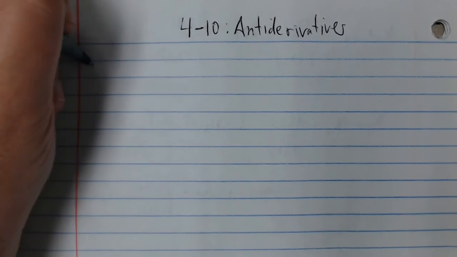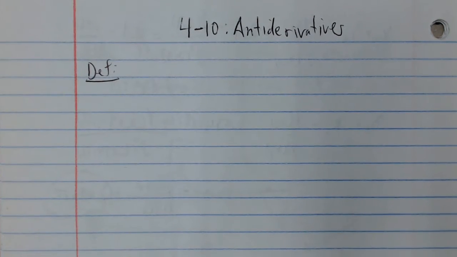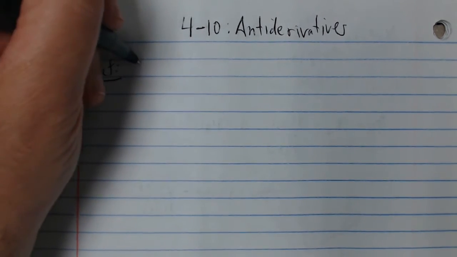So let's define what an antiderivative is. You should be fairly familiar with antiderivatives. It's kind of like we're working backwards from what we did first semester. So here's how we define it.